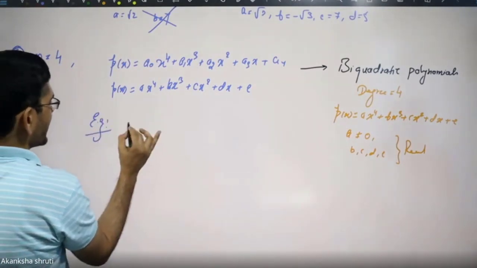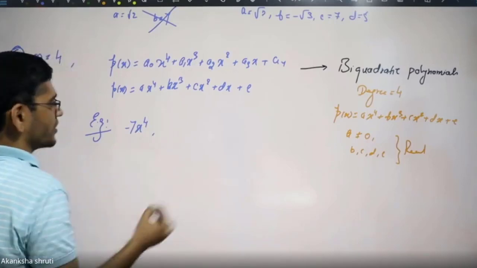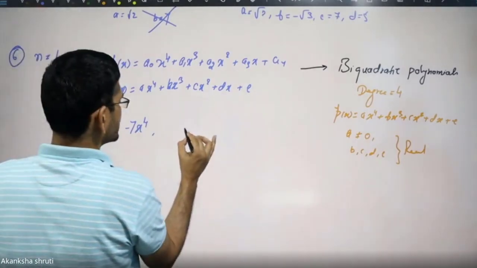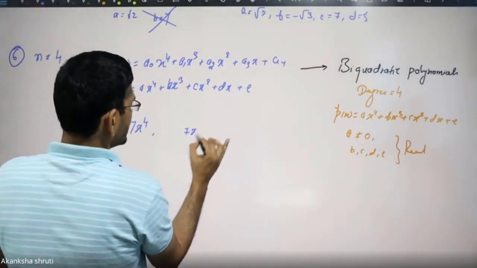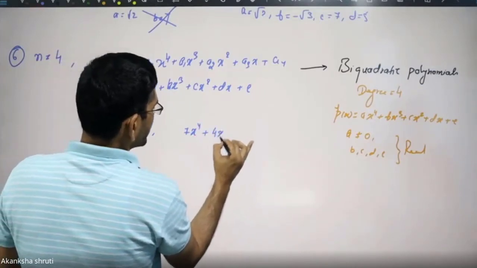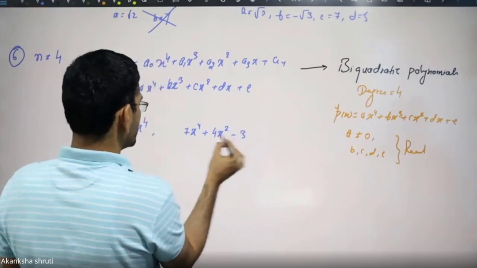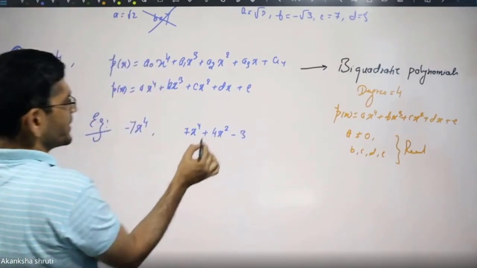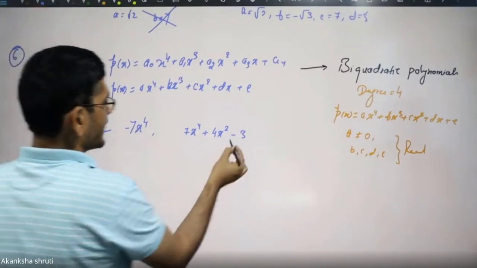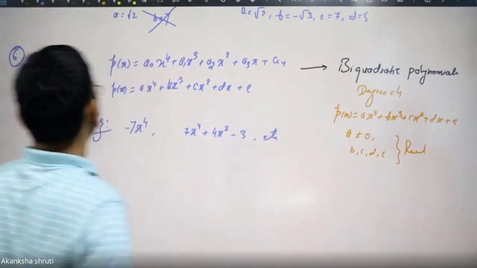Even if I am writing minus 7x to the power 4 plus 4x square minus 3, yes, it is also. The coefficient of x cube is 0 and of x is also 0. I hope you might be getting everything.